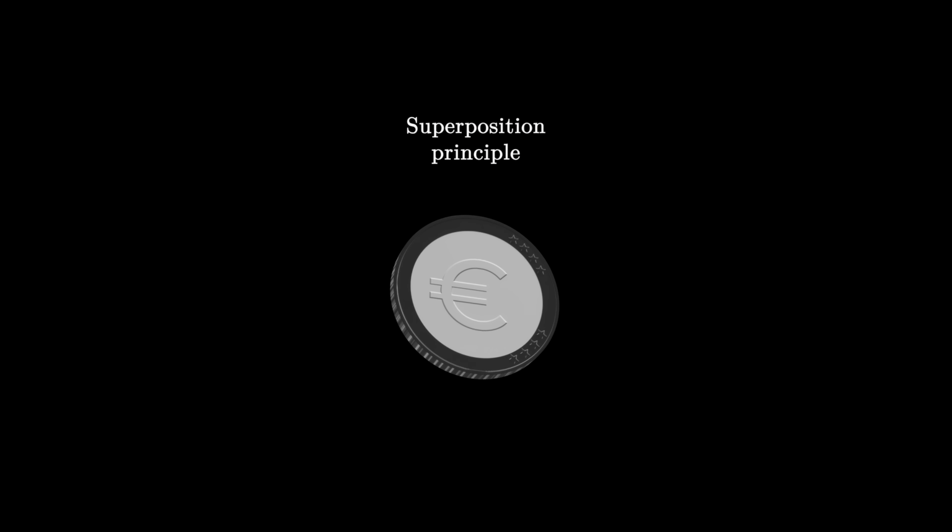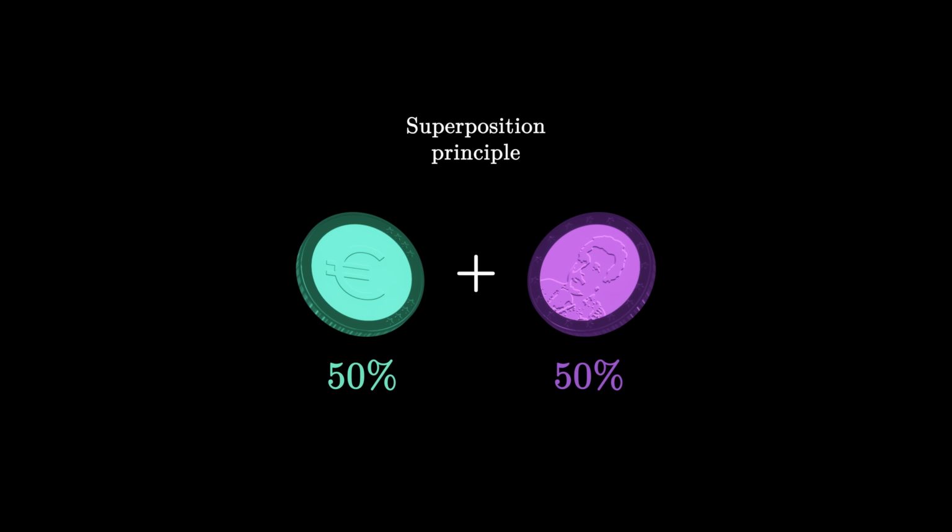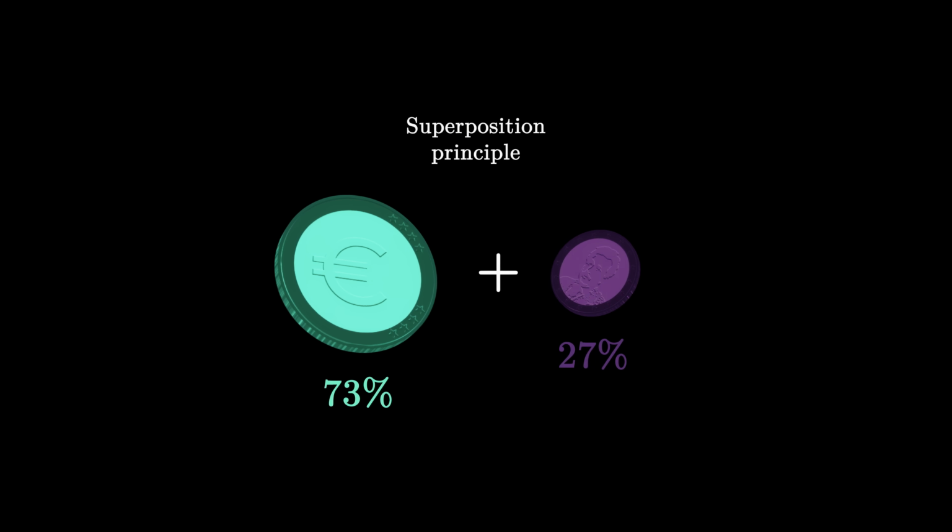The core of quantum mechanics is the superposition principle. To understand it clearly, let's make an analogy with a coin. In classical physics, a coin only has 2 possible states, heads or tails. However, in quantum mechanics, as long as we don't observe it, the coin can actually be in a quantum superposition, a state involving both heads and tails, with probabilities.